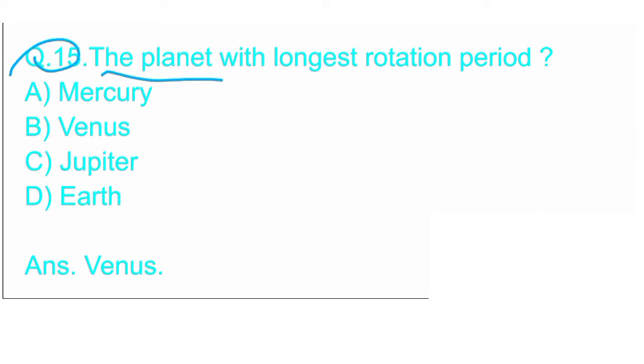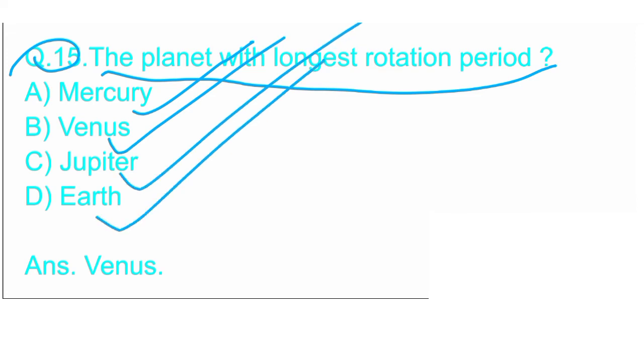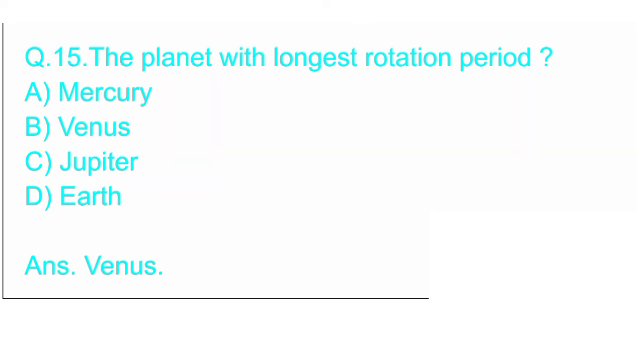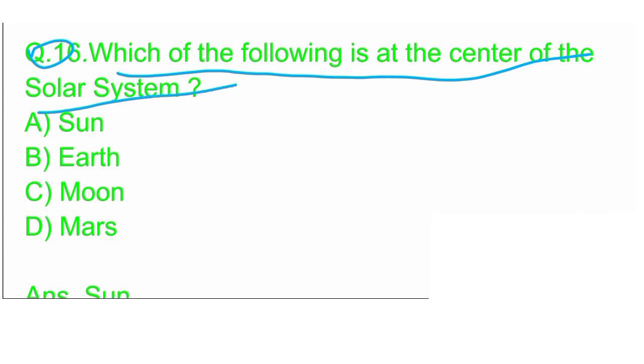Option A, Mercury; B, Venus; C, Jupiter; D, Earth. The correct option is B, Venus. Question number 16: which of the following is at the center of the solar system? Option A, Sun; B, Earth; C, Moon; D, Mars. The correct option is A, Sun.